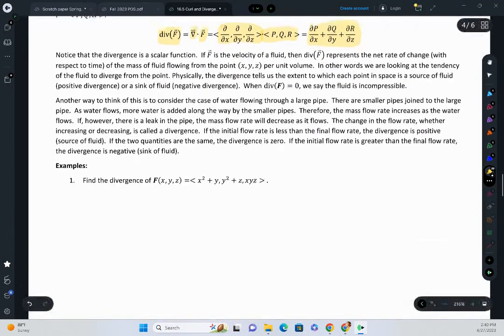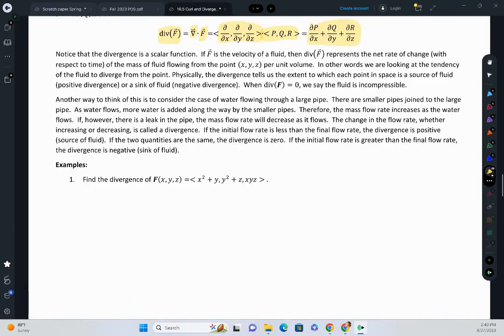Now, the actual calculation is very simple and straightforward. In this first example, we are asked to find the divergence of F of x, y, z. The components are x squared plus y, y squared plus z, and xyz. So to find this divergence, we're going to write out what it is we have to calculate.